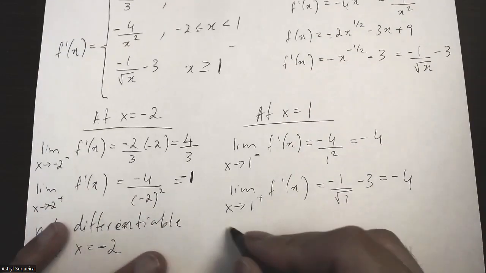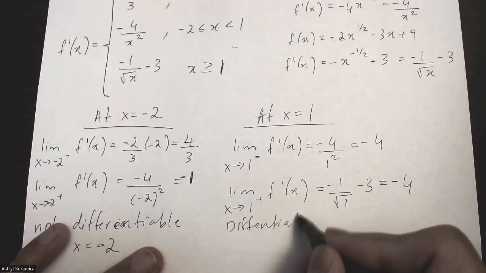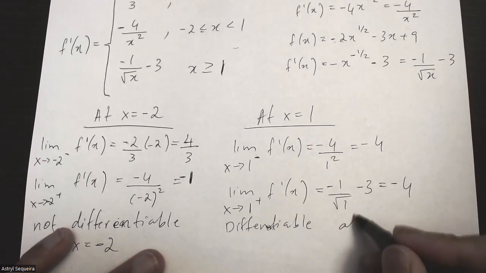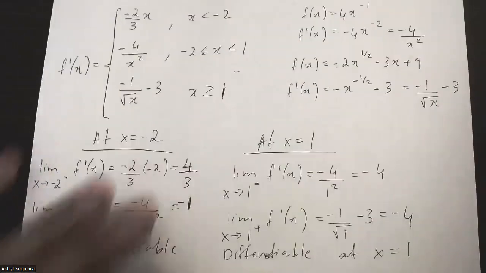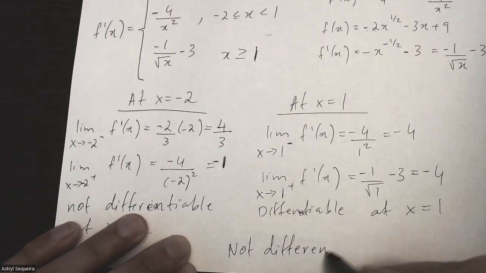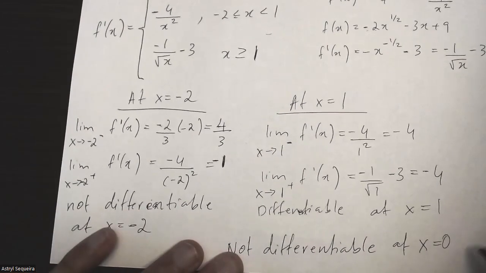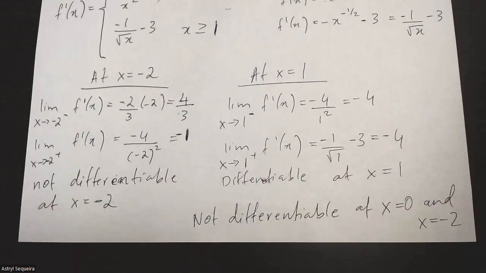This means that the function is differentiable at x equals 1 because the slopes are the same on both sides and it is continuous. Which means that this piecewise function is not differentiable at x equals 0 and x equals -2. This point here and then the original one from the restriction in the original function.